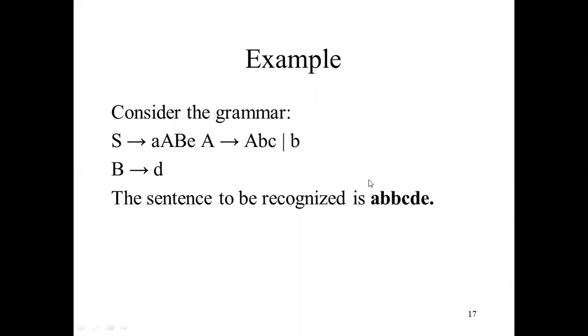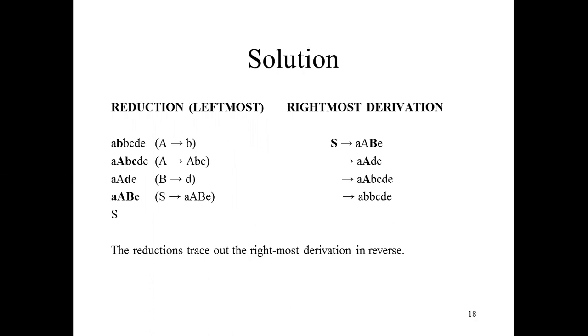We will start from the downside and take care of each character one by one. So this is the solution for this reduction. Leftmost we are going to reduce again and again.